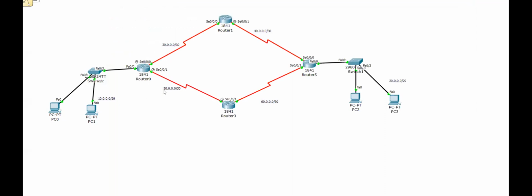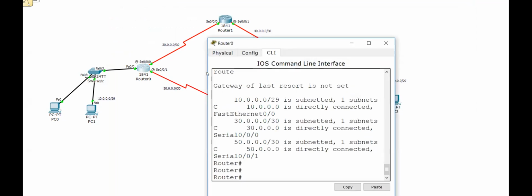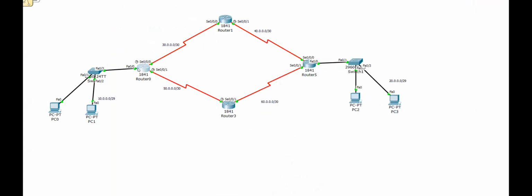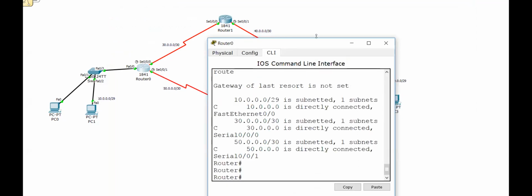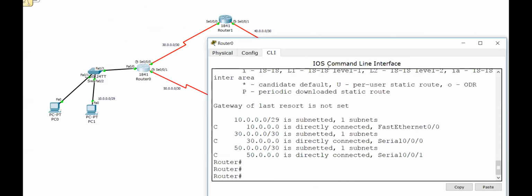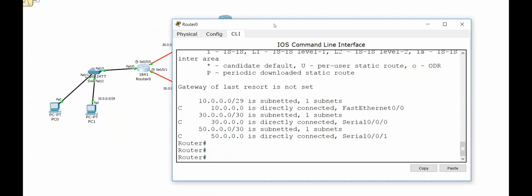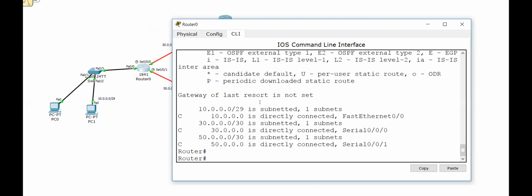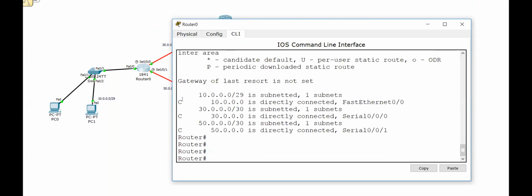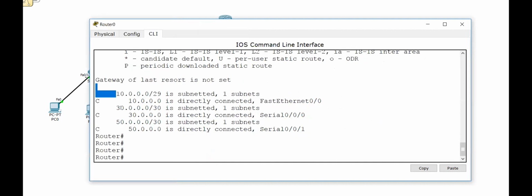Now, if we talk about router number 1, how many direct networks does it have? It has 10, 30, and 50. If you want to check in the command prompt, you can use the command show ip route. It will show you with C notation that 10, 30, and 50 are the direct networks.